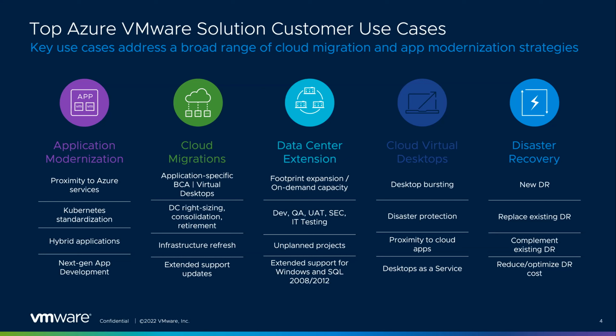We integrate with Site Recovery Manager, as well as third-party tools such as Jetstream and Zerto to allow for reduction and optimization of disaster recovery costs. So the 5 major use cases: application modernization, cloud migrations, data center extension, cloud virtual desktops and EUC, and disaster recovery, come from the synergies of the Azure cloud and the VMware enterprise capabilities.